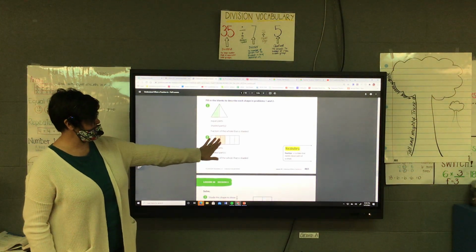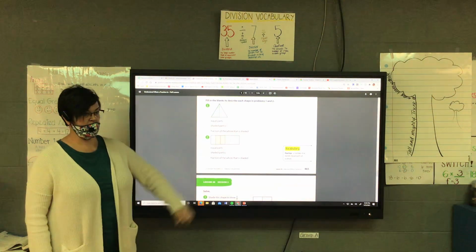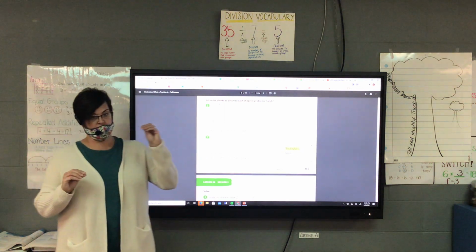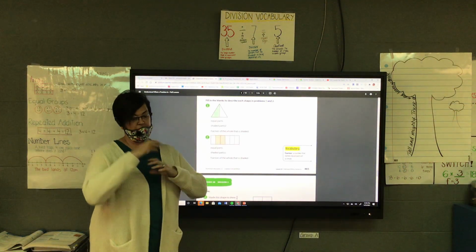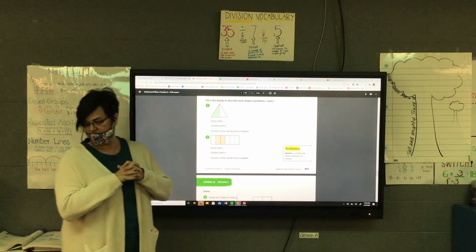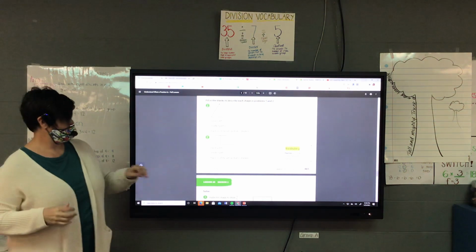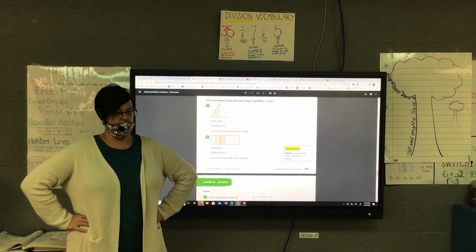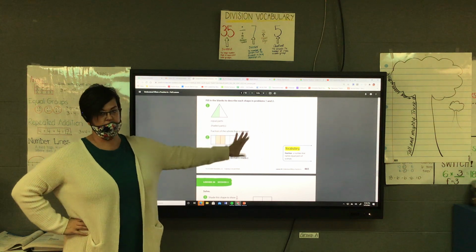Do the same thing for the rectangle here. How many equal parts are there? How many shaded parts are there? And then write that as a fraction. This is really easy. Hands on your hips when you have that part done. Or all of those parts done on the front, I mean.